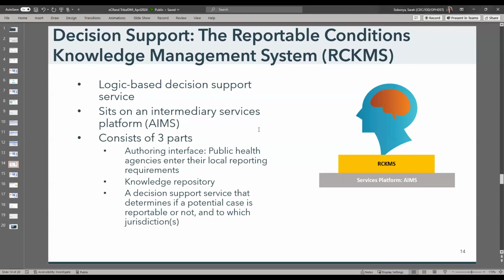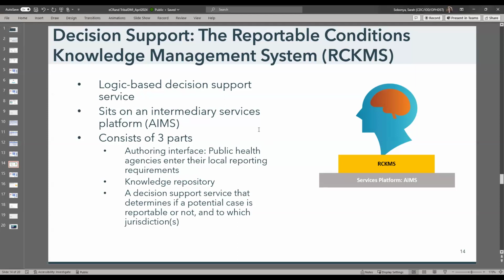There's the authoring interface. The public health agencies have a login. They would log into this intermediary RCKMS platform. They would enter their local reporting requirements based on their laws or municipal codes or a tribal council resolution. Anything that requires healthcare providers to report to public health cases of some kind of illness.